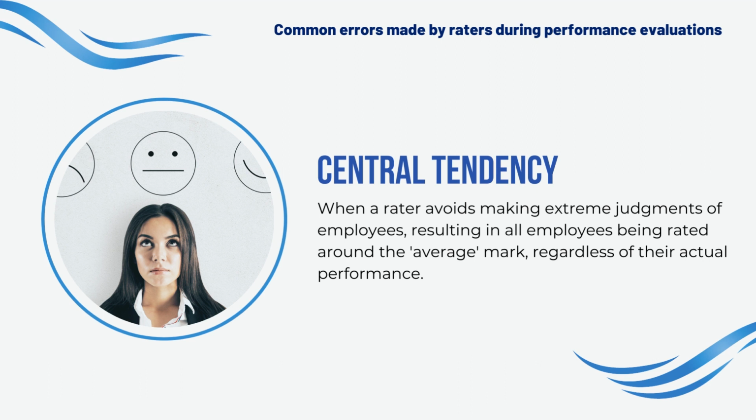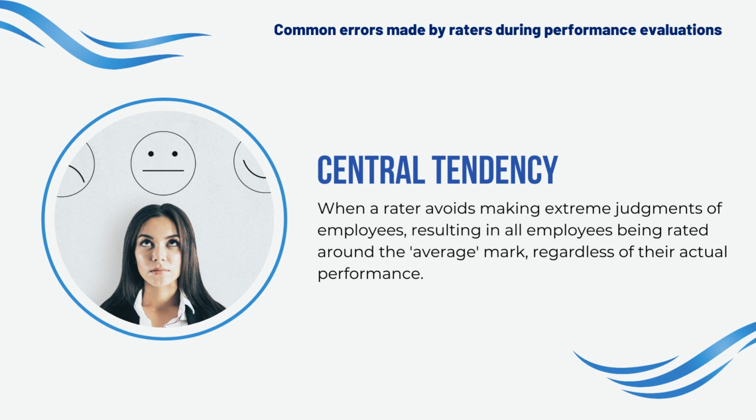Instead, rates most employees as average, regardless of their actual performance. So, in performance evaluation, this bias tends to occur when raters either find it difficult to distinguish between the performance levels of their employees or wish to avoid controversy and potential negative repercussions associated with low or high ratings.